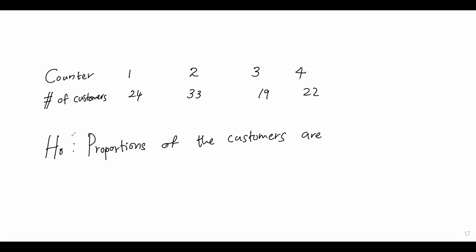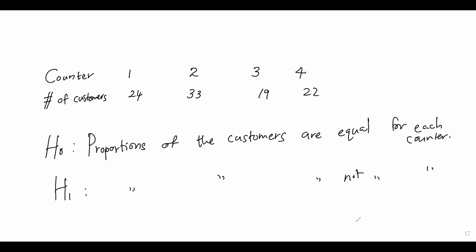Null means no difference, so it's equal among all the counters. H1: the proportions of customers are not equal for each counter, right?